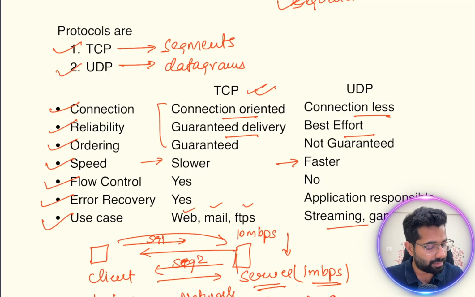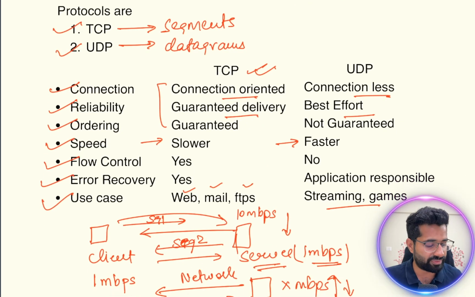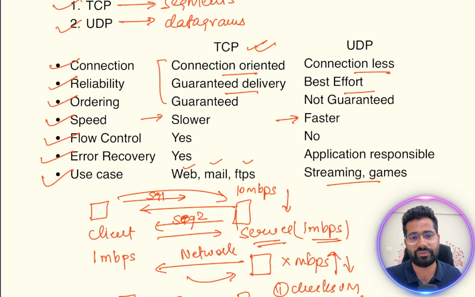Whereas UDP can be used in places where you do not really care if some segments are lost. For example, in a video call, if some of the frames were lost, you don't really care about those frames, and you can continue your video call. Or in online gaming, you will make sure that the speed is very fast, and even if some of the data is dropped, it should be okay.